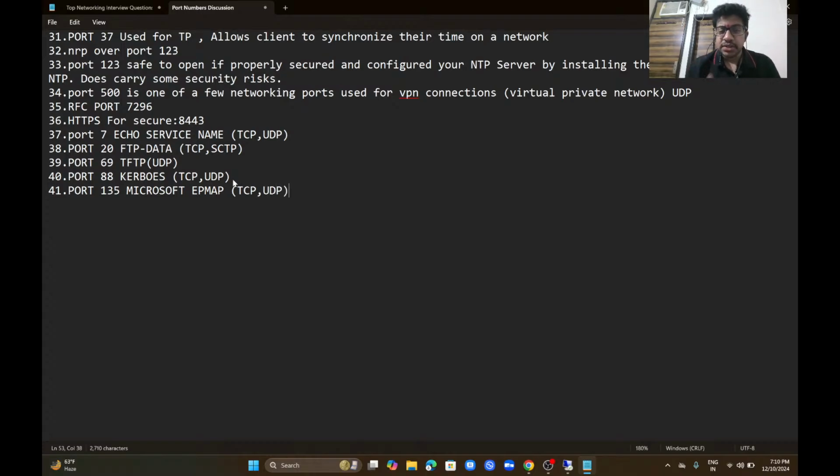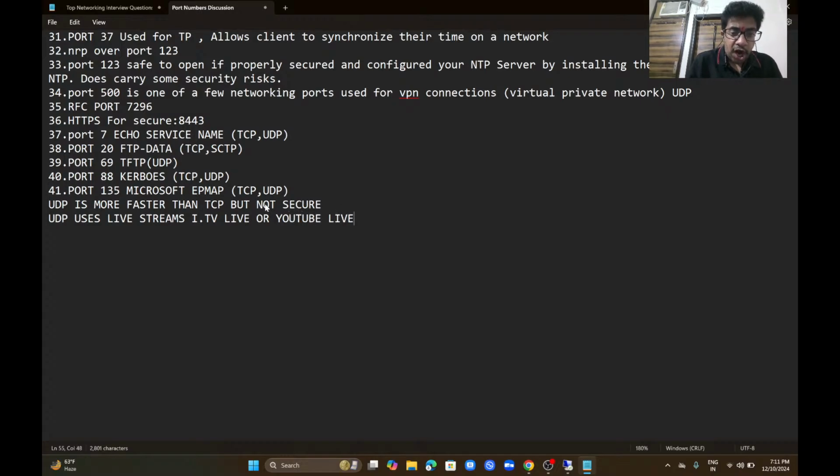UDP is very fast, and for live stream purposes we are using it. UDP is faster than TCP, but not a secure connection. UDP is used for live streams, that is live TV or YouTube live, for fast transmission.